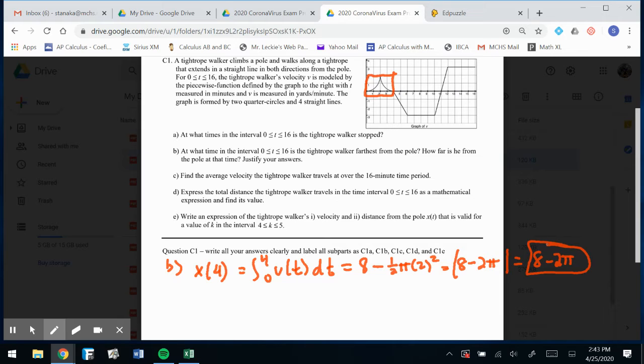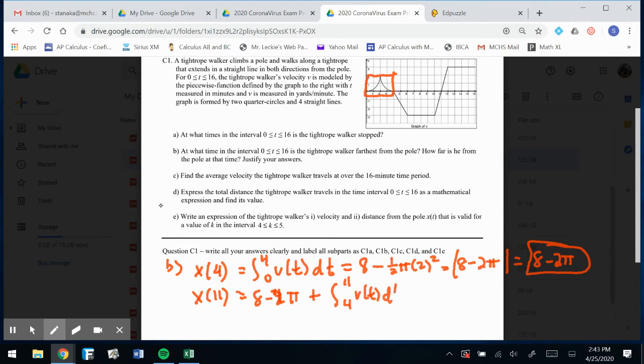But then he gets a little scared, and I guess he goes backwards because our velocity is now negative. So now I need to find out, where is this dude at 11? Well, to be able to do that, we already know what it is from 0 to 4. Whoops, 8 minus 2 pi. So I'm going to add to that what happens from 4 to 11, the integral of v of t dt.